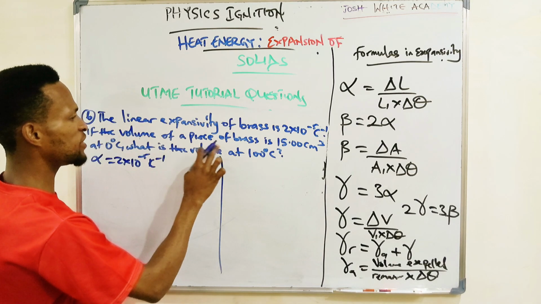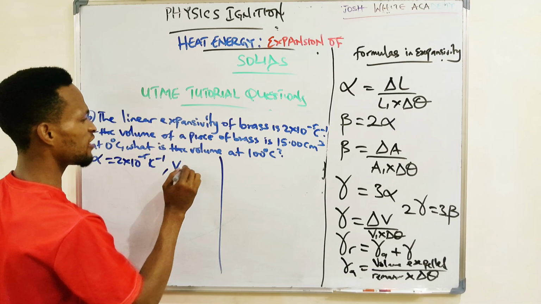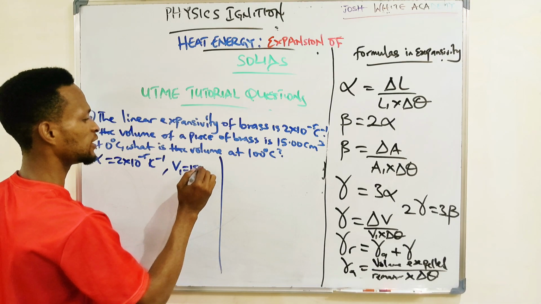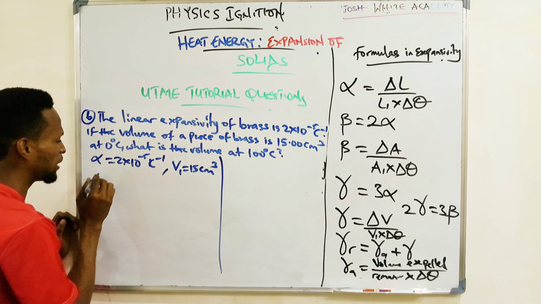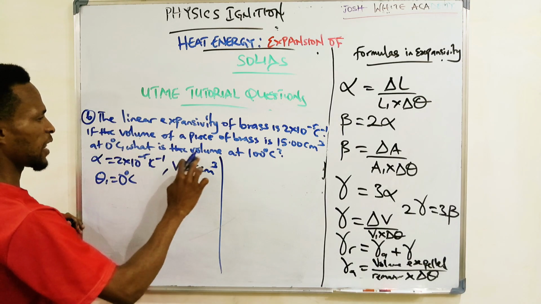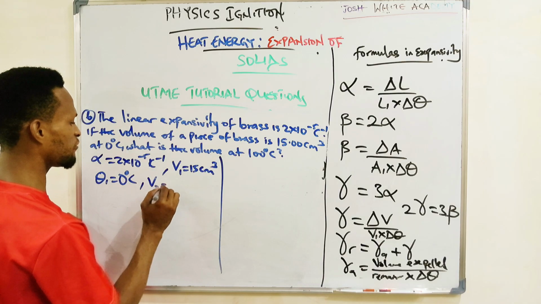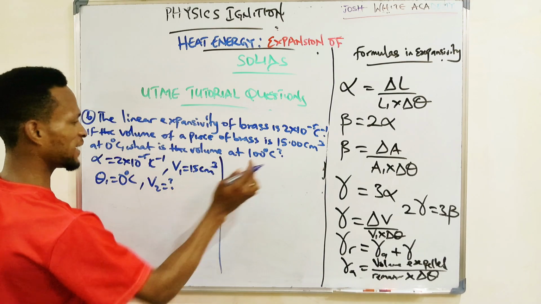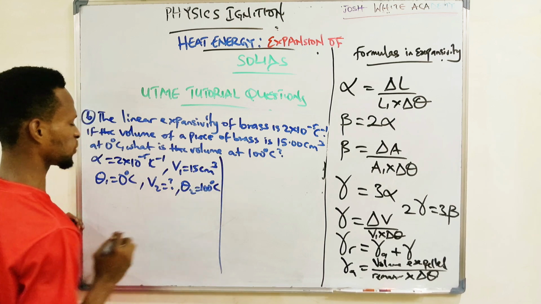The initial volume is 15 centimeters cubed at 0 degrees Celsius, and our initial temperature is 0 degrees Celsius. We are finding our final volume, and our final temperature is 100 degrees Celsius.